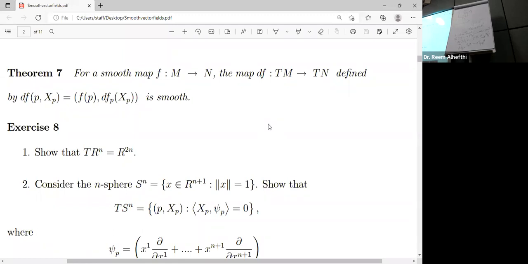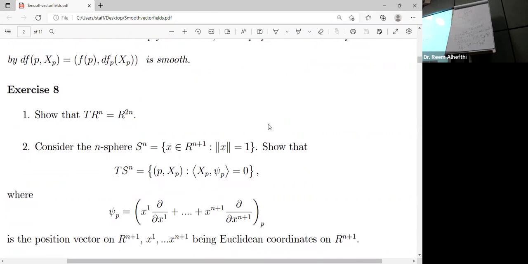A strong and curious student always checks whether he has understood the contents by verifying solutions of exercises. So there are a couple of simple exercises here. First exercise, show that the tangent bundle of Rn is R2n, Rn cross Rn, as he said.